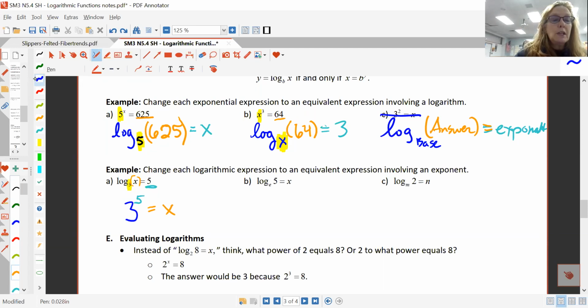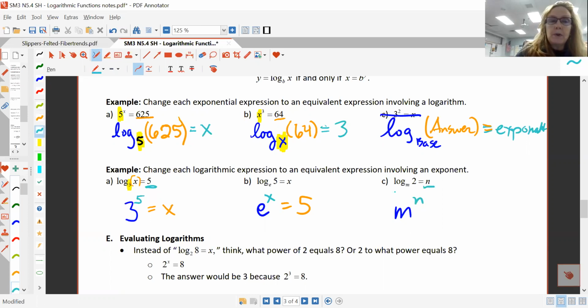So if I'm doing the other one, base is e. My exponent is the x. My answer is the 5. So e to some power is equal to 5. Log base e of 5 is the exponent I was looking for, okay? M is my base.